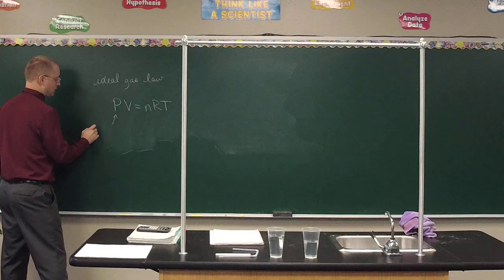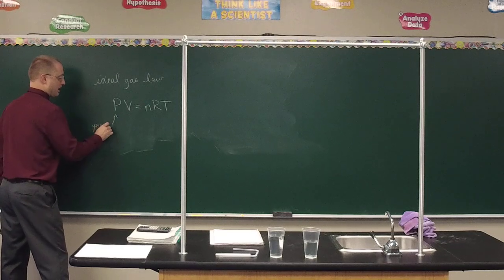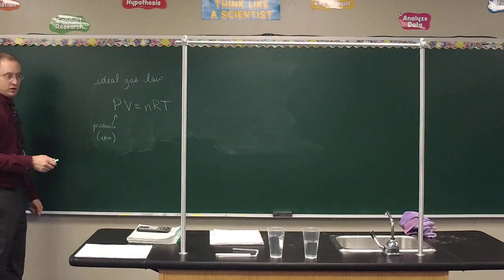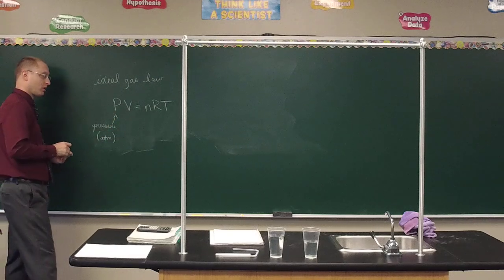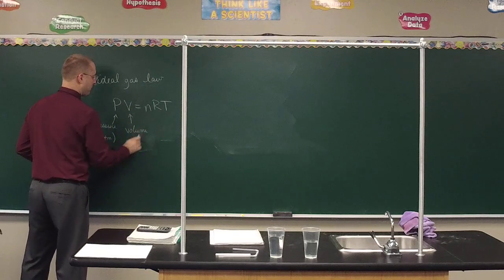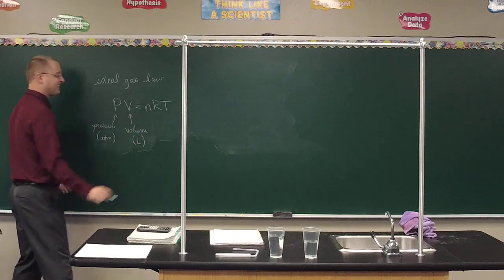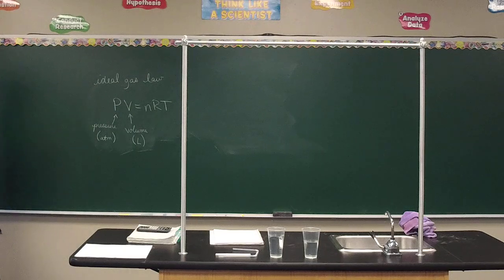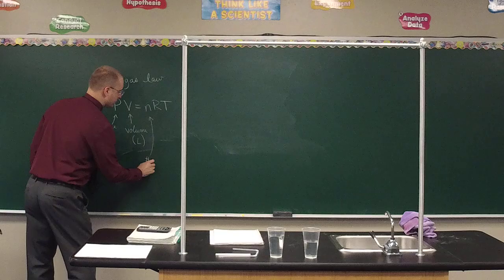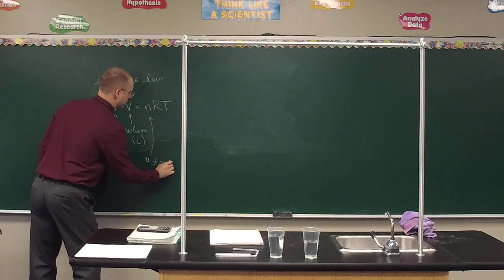P is pressure. And for our purposes, we're going to measure pressure in atmospheres. V, of course, is volume. For our purposes, we'll measure volume in liters of gas. n is simply the number of moles. n stands for number.